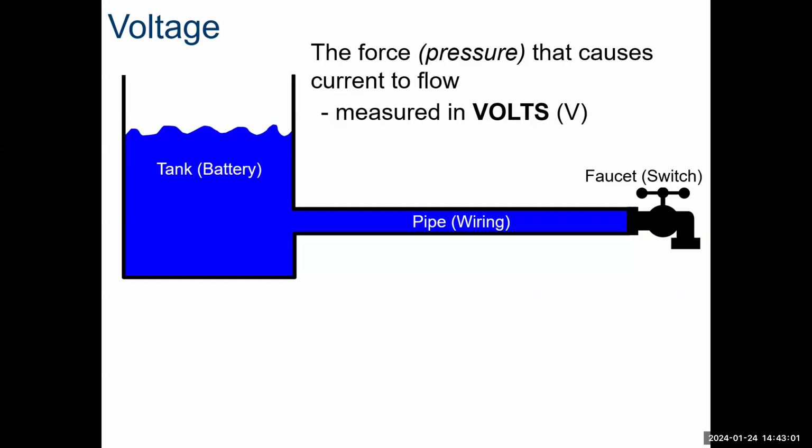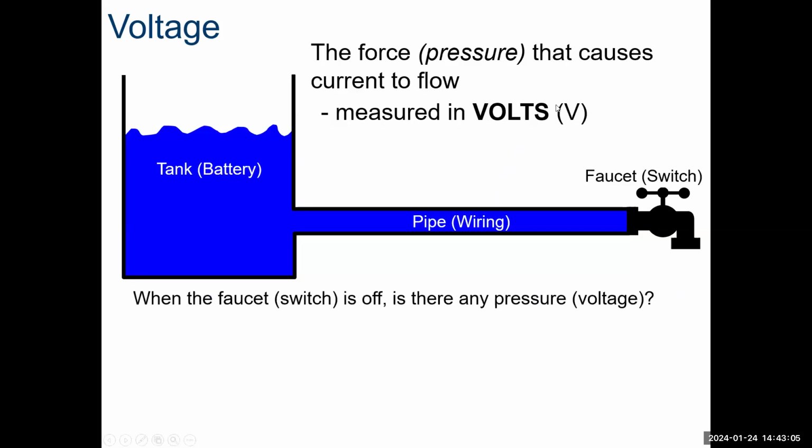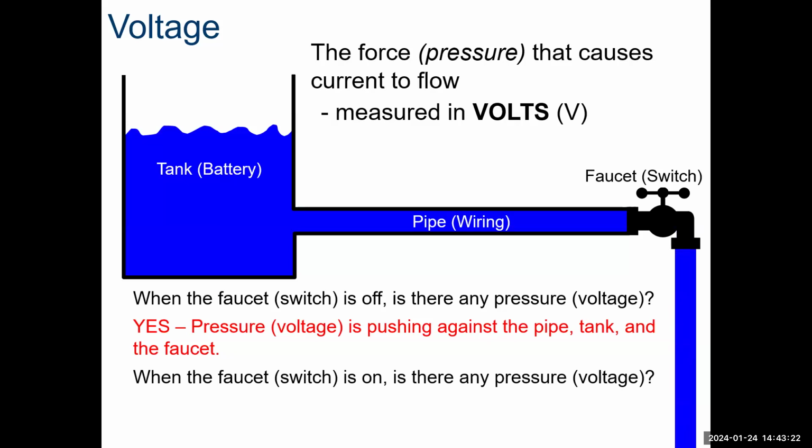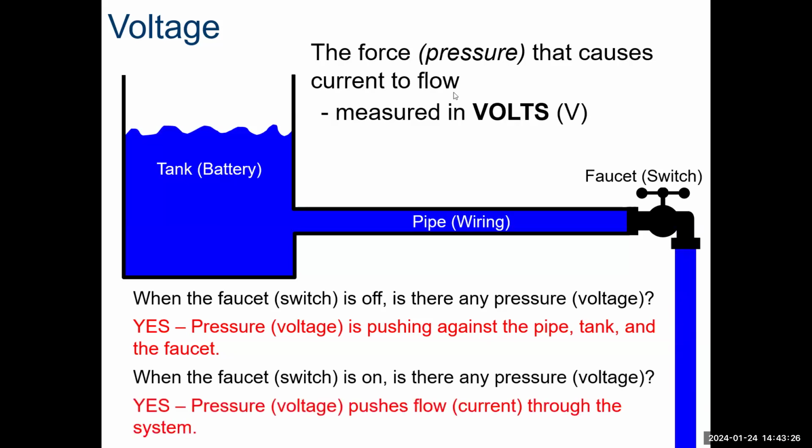All right, the force. The force is measured in volts in electrical circuits. So when the switch is off, is there any pressure on the voltage, right? When this is off, is there water pressure? Yeah, of course there is. It's pushing against the pipe, the tank, and the faucet itself. When the faucet switches on, is there any pressure? Yeah, there's pressure, all right.